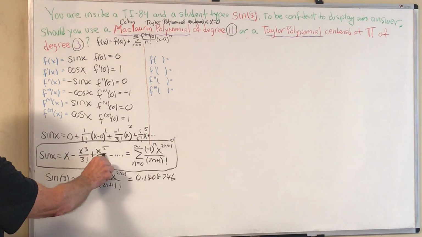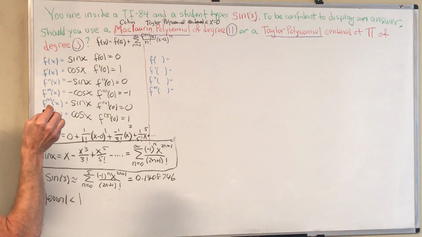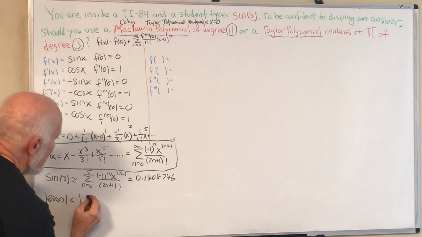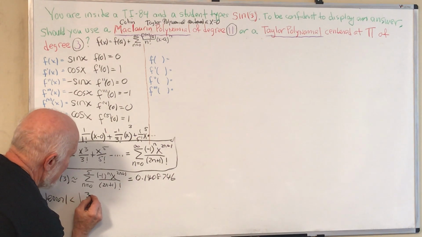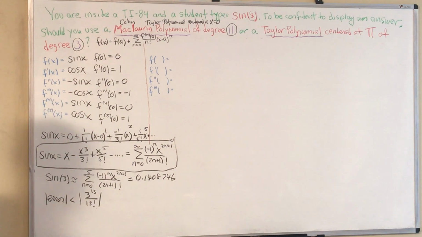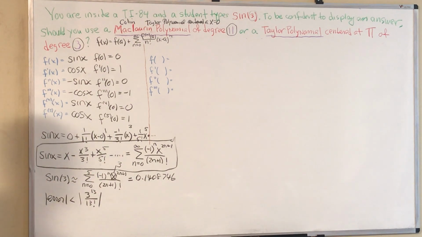Well, if I go up to x to the 11th, the first term I'm going to omit is to the 13th power. And it's going to be 3 to the 13th divided by 13 factorial. By the way, this x here really should be a 3 because we're going to put 3 in for x to get that.